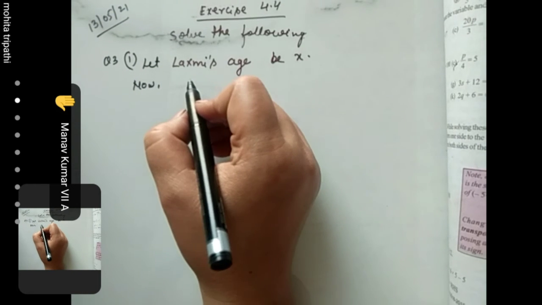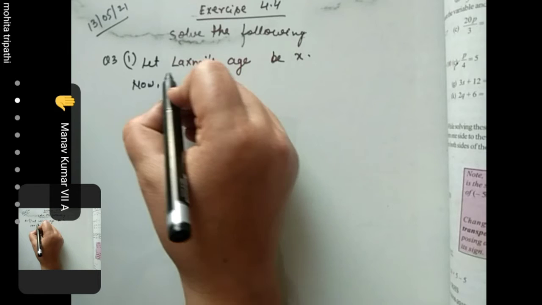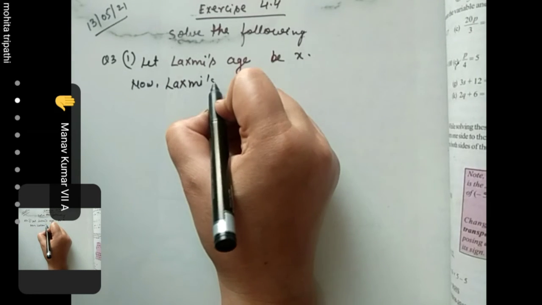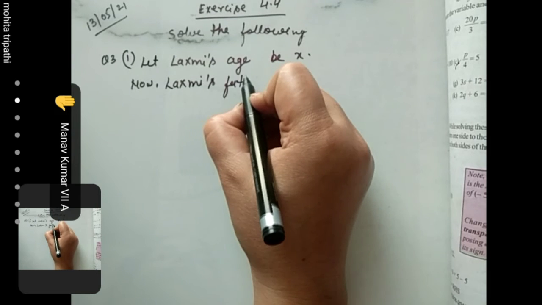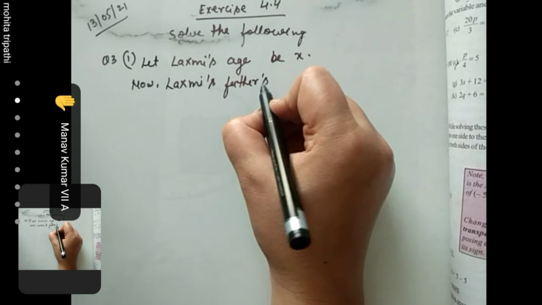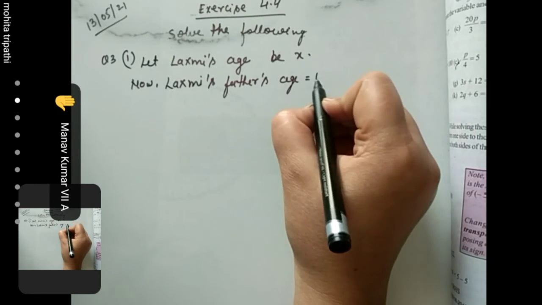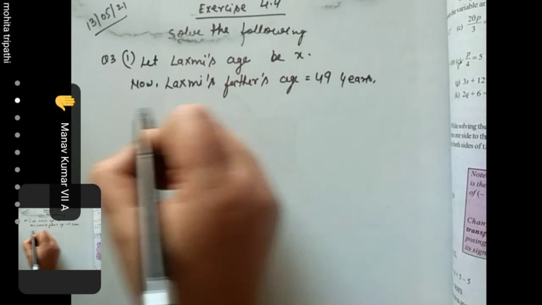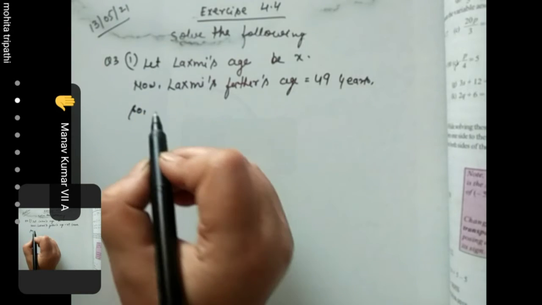Now, what is given to us? Lakshmi's father's age is 49 years.